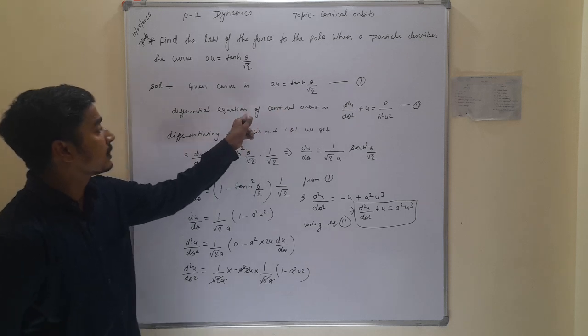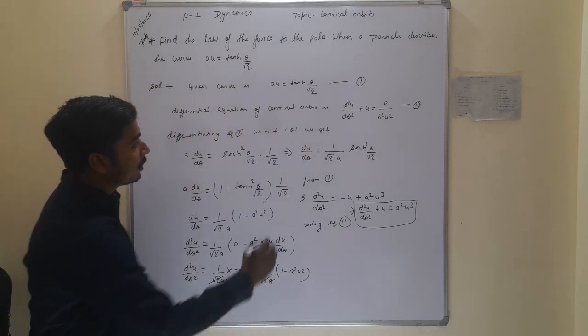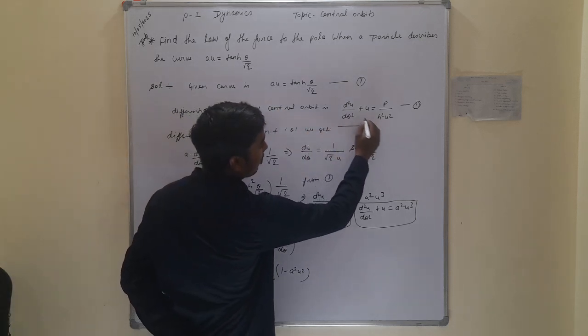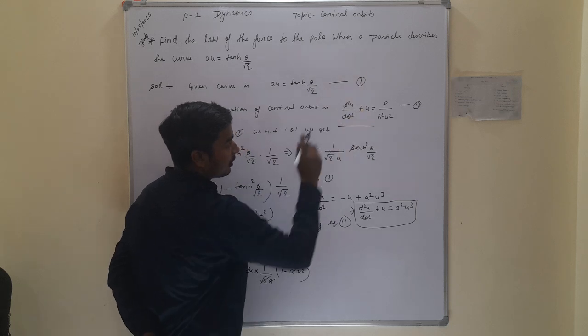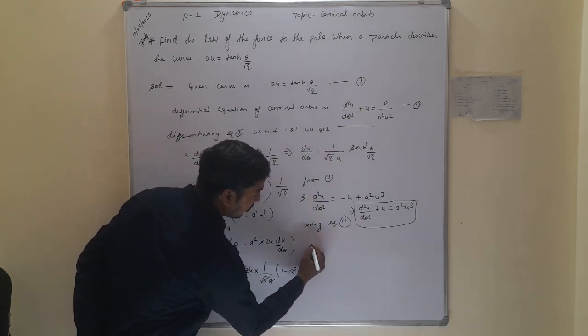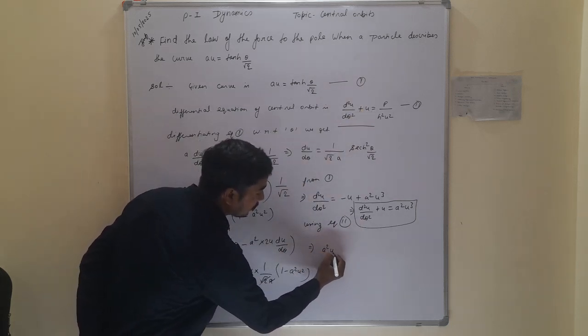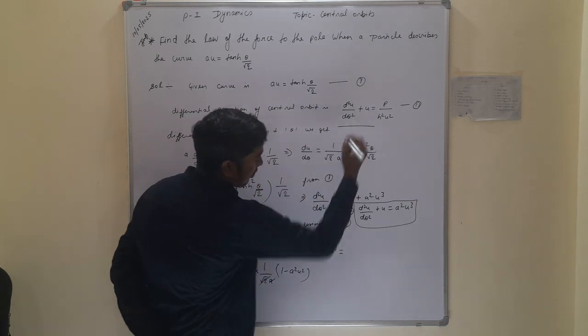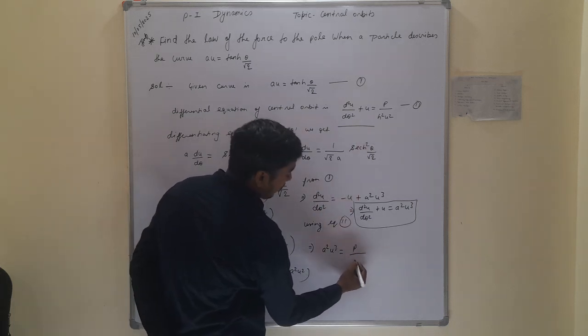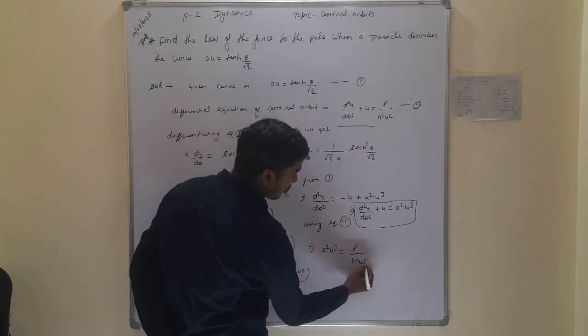Using the differential equation of central orbit, in place of d²u/dθ² + u we put a²u³ = P/(h²u²).